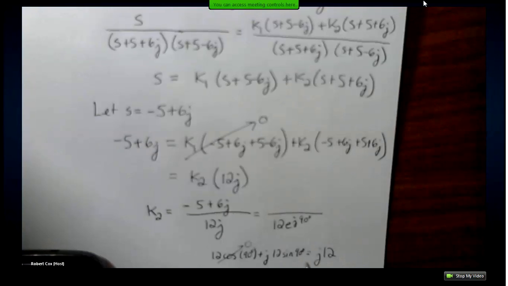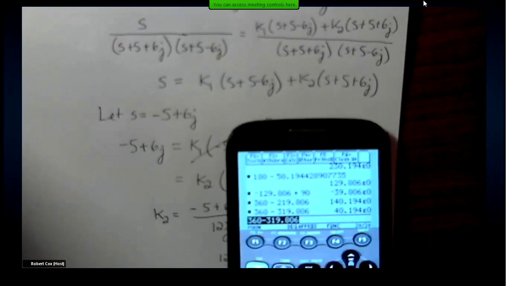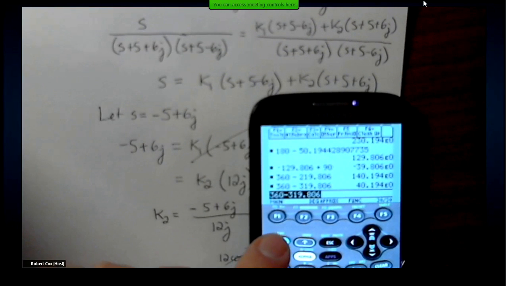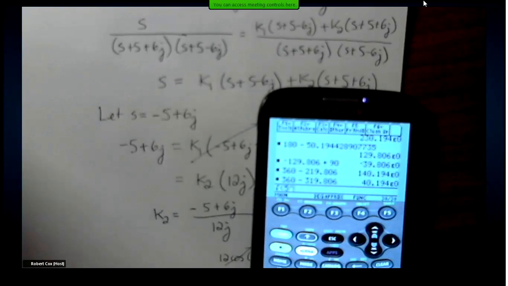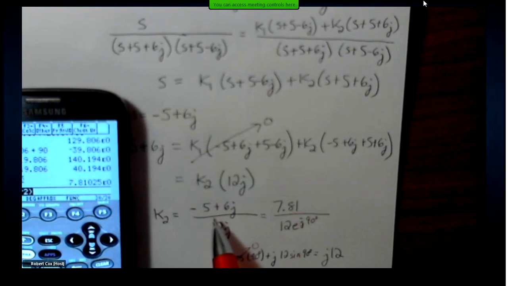Okay, what about this guy on top? We've got to find out what the magnitude is first. So the square root of 5 squared plus 6 squared, square root, 7.81 is what I get for a magnitude of this guy.